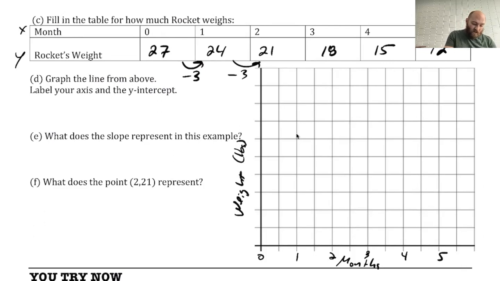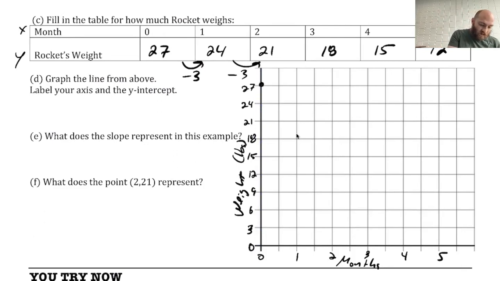I'm going to count at 0, 0, then 3, 6, 9, 12, 15, 18, 21, 24, 27. So this time I made my scale counting by 3s. Every space is 3 here.